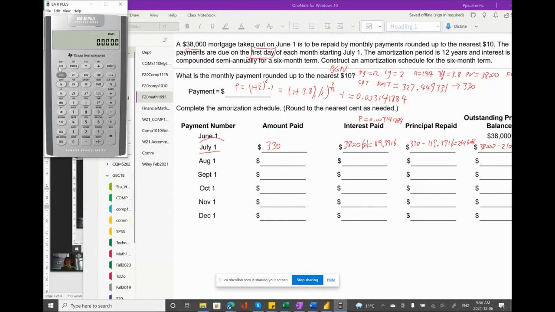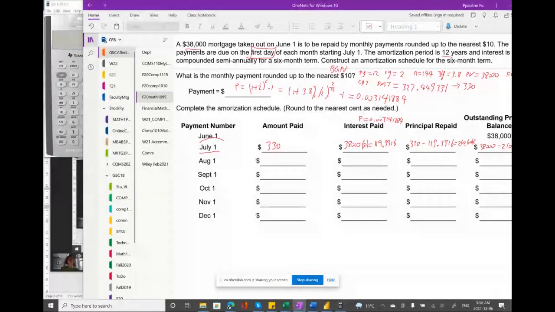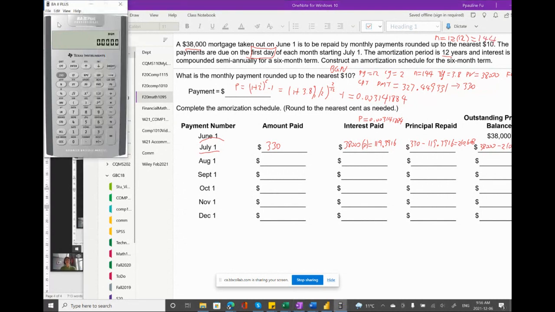And then second, quit. So I just set up CY and PY. And the amortization is 12 years. 12 years means 12 times 12 months. Term N equal to 144. That is term N.